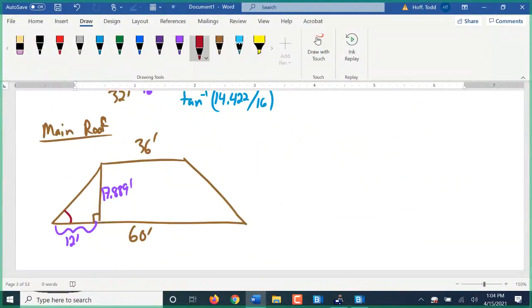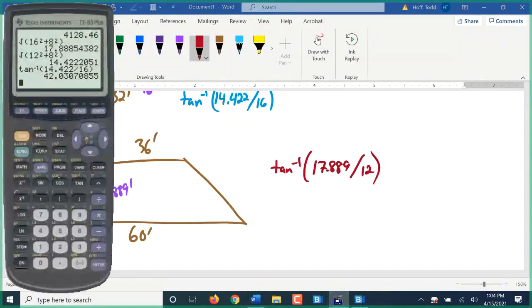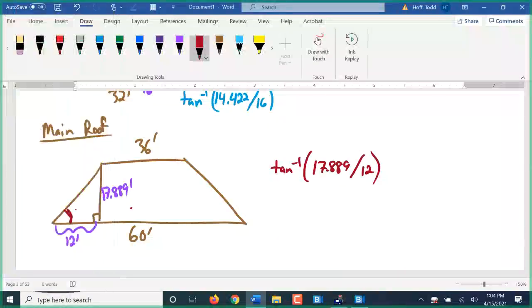So right away I can find this angle right here as the inverse tangent of 17.889 divided by 12. Giving me, inverse tangent, my second entry, 56.15 degrees.